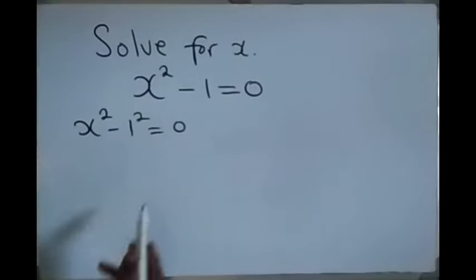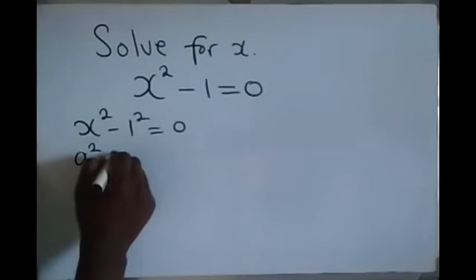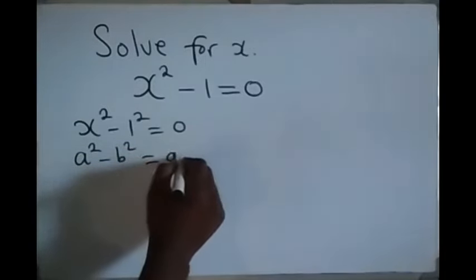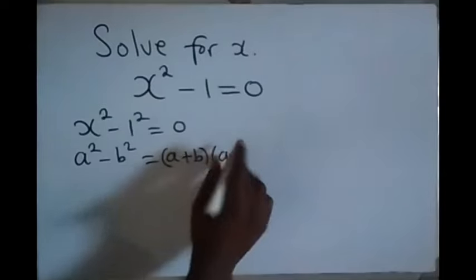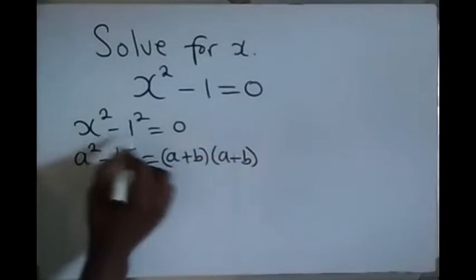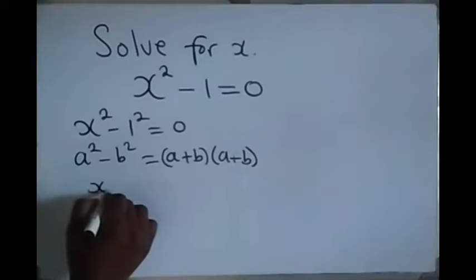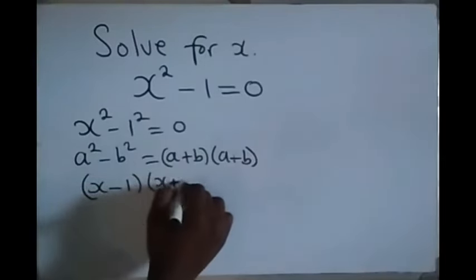According to the principle of the difference of two squares, if you have a squared minus b squared, this is equal to a plus b in brackets, again a minus b. We can also apply it here where we have x squared minus 1 squared. So we are going to write it as x minus 1, again x plus 1.